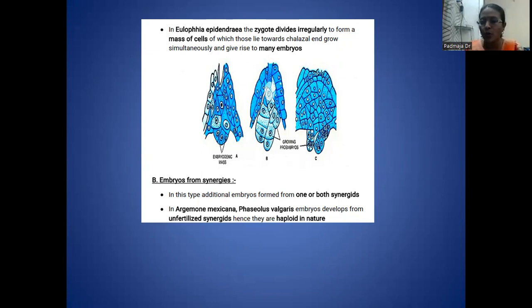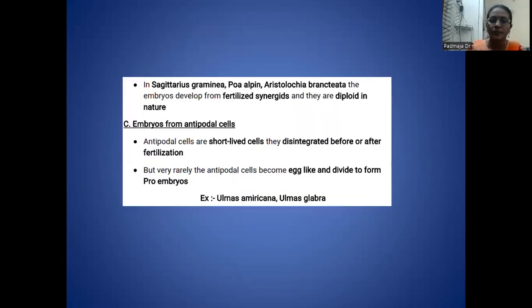We already know that if haploid synergids develop into embryos, they are considered haploid embryos. In Sagittaria and Aristolochia, the embryos develop from fertilized synergids and they are diploid in nature.